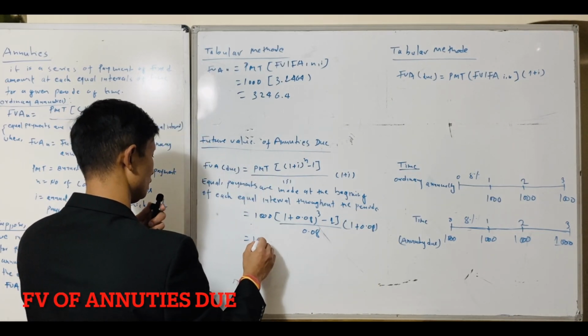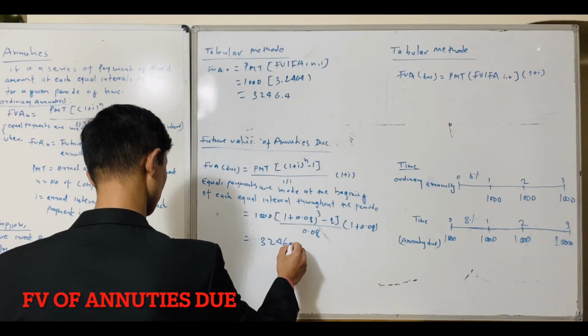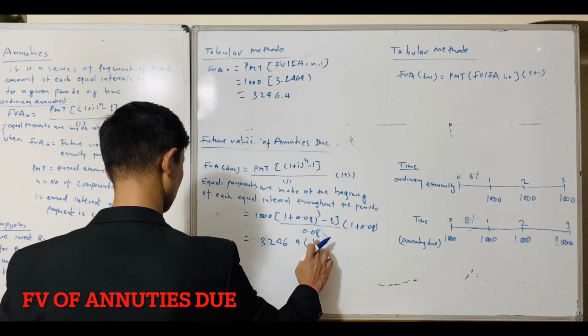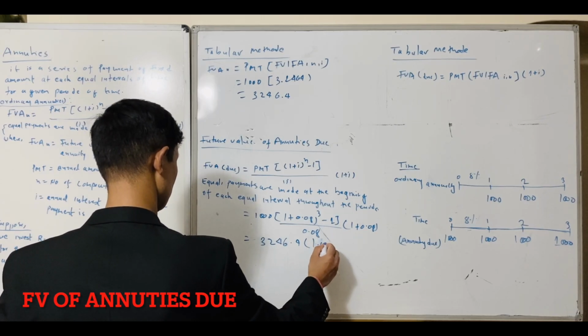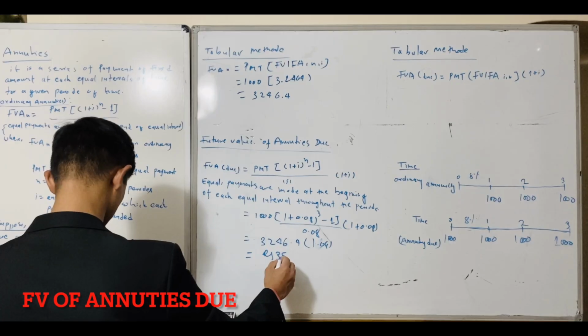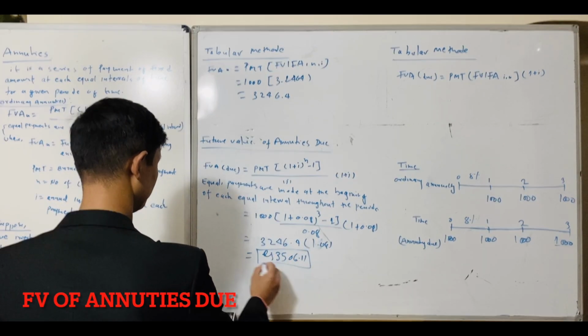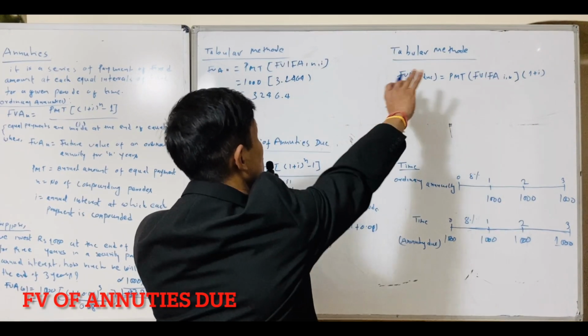Now we get 3246.4 multiplied by 1.08, which is 3506.11 rupees. Let's solve this problem from the tabular method.